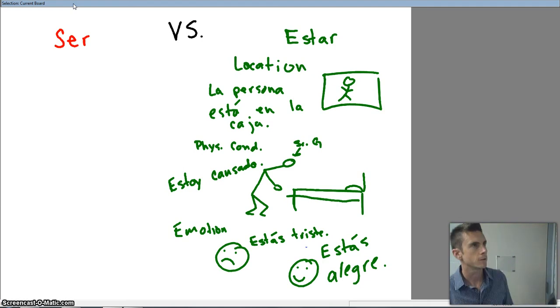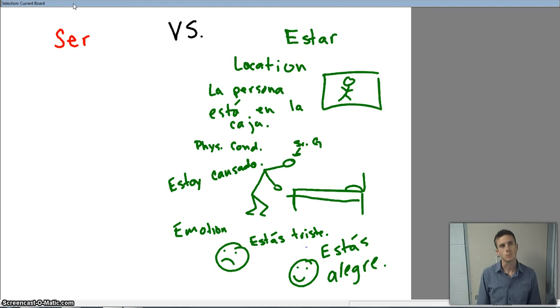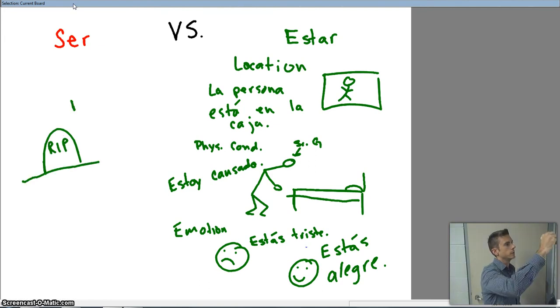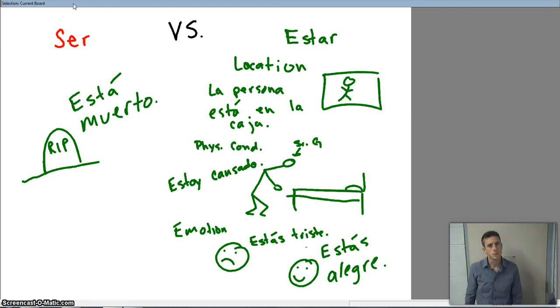Now a lot of times students want to think, well, estar seems to be more temporary and ser tends to be more permanent. That's not a good way of thinking about things, because whenever someone has passed, we would say está muerto. Okay? Doesn't really get much more permanent, but the reason we do it is, if you think about it, muerto, being dead, is a condition. It's a condition, because before you were dead, your condition was being alive.